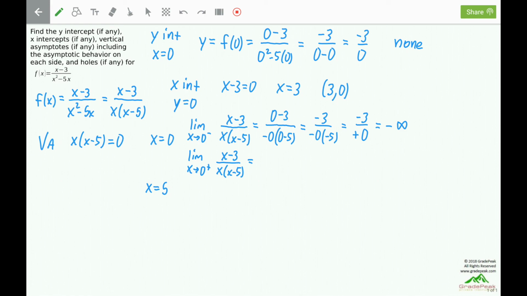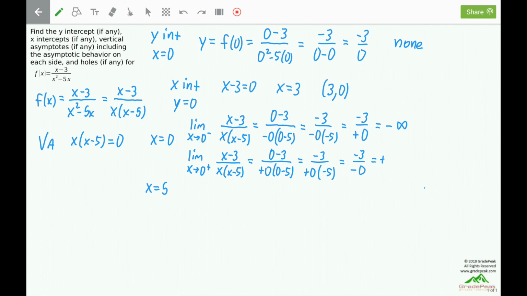Now for the right side. The right side of 0 is positive numbers, plugged in for the factor that's making 0 in the denominator. It will be a positive number, though it does approach 0, so that can be replaced with a positive 0. 0 can then plug in for all remaining x's. 0 minus 3 is a negative 3, divided by a positive 0 times 0 minus 5, which is a negative 5, giving a negative 3 divided by positive times negative is negative, 0 times 5 is 0.